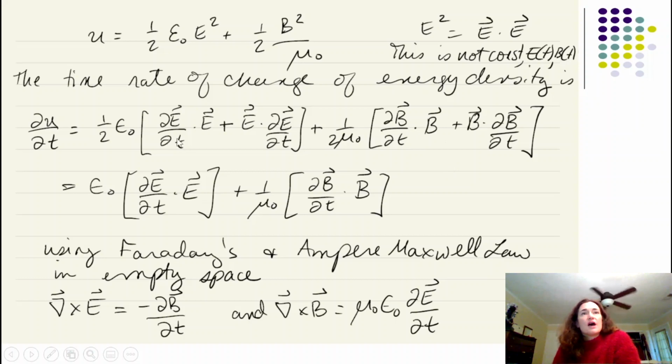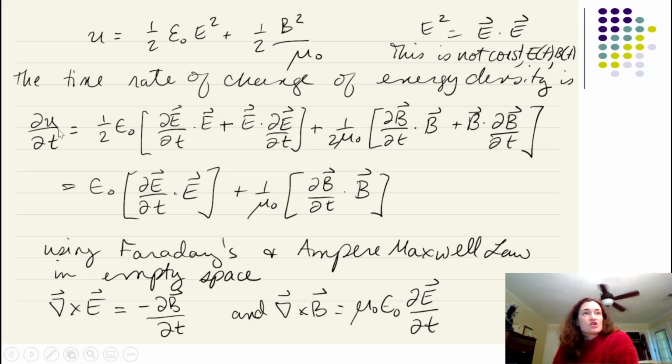Now, of course, A dot B equals B dot A. It doesn't matter in the order in a dot product, not like in a cross product. So partial E with respect to t dot E equals E dotted with partial E with respect to t. If I sum those two things together, I just get 2 times partial E with respect to t dotted with E.